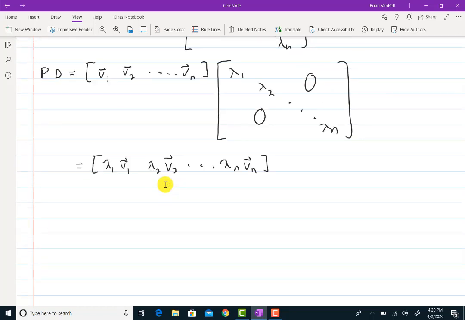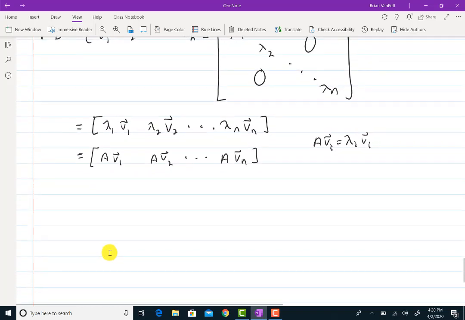All right, now notice that each of these, V1 being an eigenvector, means that it equals A times V1. Same with V2, that equals A times V2, dot, dot, dot, that equals A times Vn. This is because A Vi equals lambda i Vi by definition of an eigenvalue eigenvector.